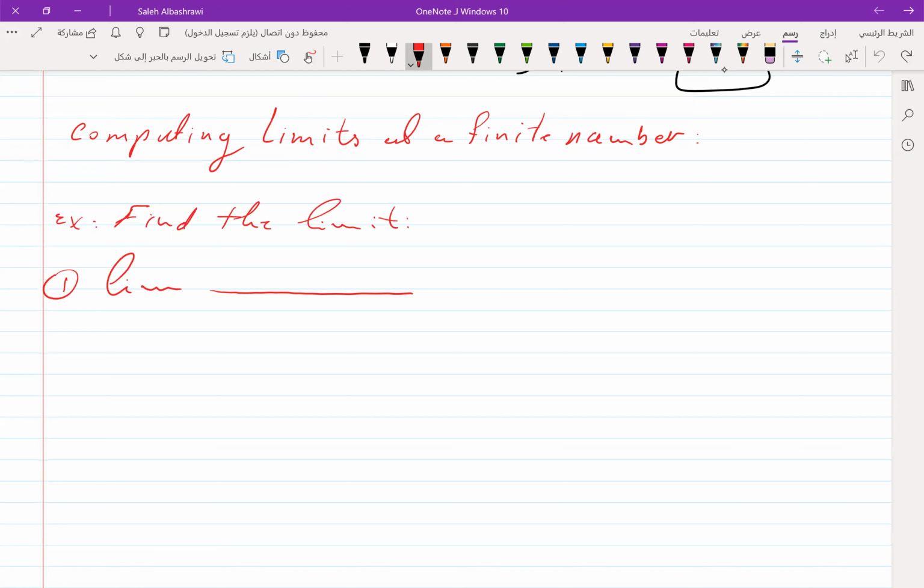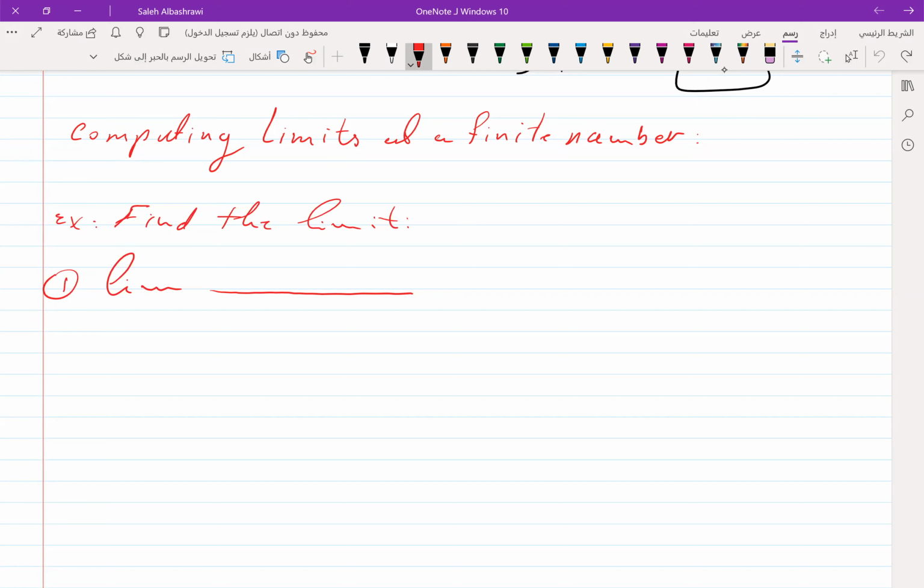It will be p of a divided by q of a if p of a and q of a are not equal to 0, or it can be 0 if the numerator is equal to 0 but the denominator is not equal to 0, or does not exist if the denominator is equal to 0 but the numerator is not equal to 0, or the last case was if I got 0 over 0. And if it is 0 over 0, we said that we have to simplify the rational function.